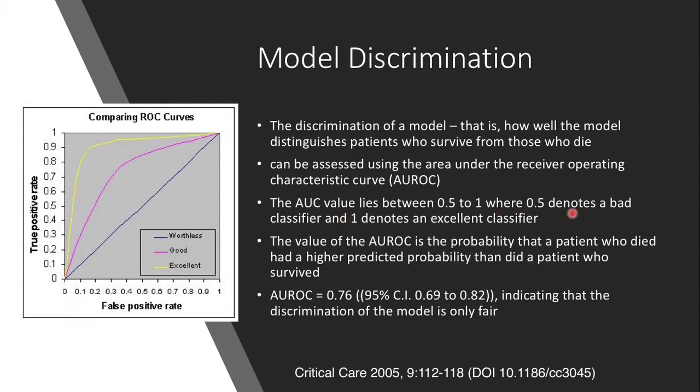I already mentioned, if it's 0.5, then it's a 50-50 chance, whereas 1 is perfect. In this particular study, the value they came up with was 0.76. You can see the confidence interval there, indicating it had fair discrimination abilities. It's probably looking something like this one here.